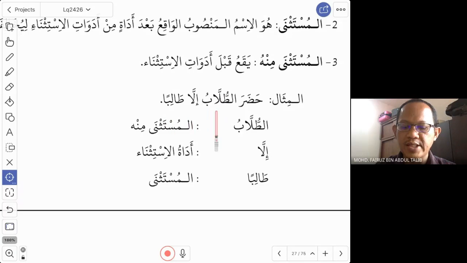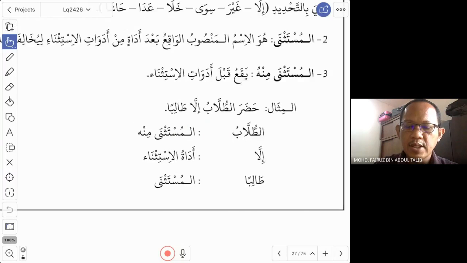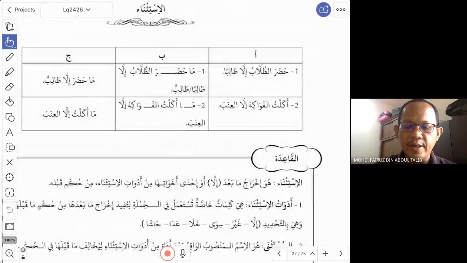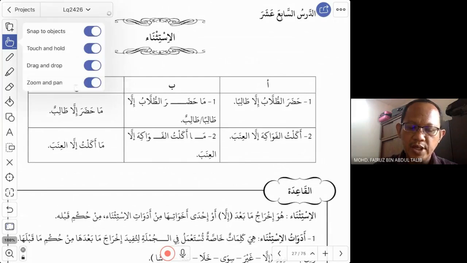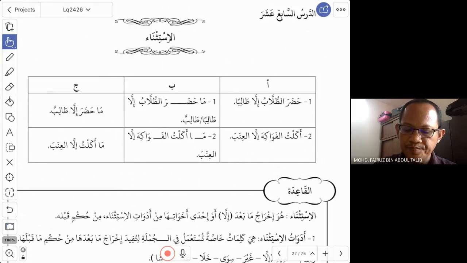You have 3 components: mustathna, adat istisna, and mustathna minhu. The hukum will depend on these 3 items. If you have all the 3 items in the sentence, the hukum will be so and so. If you miss one item from the components, then the hukum will change. So let us look at the hukum.